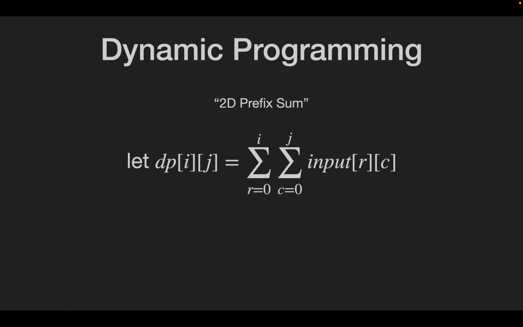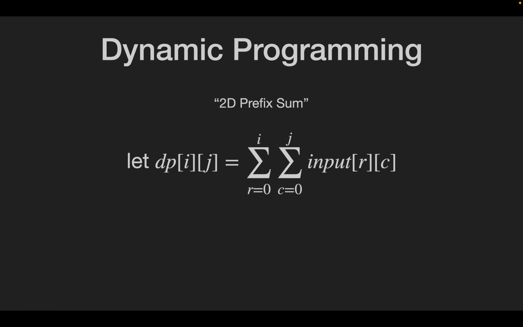So what we need to do is define that function or that array in this case. There's a 2D array dp, and I want dp of ij to equal this mathematical equation.